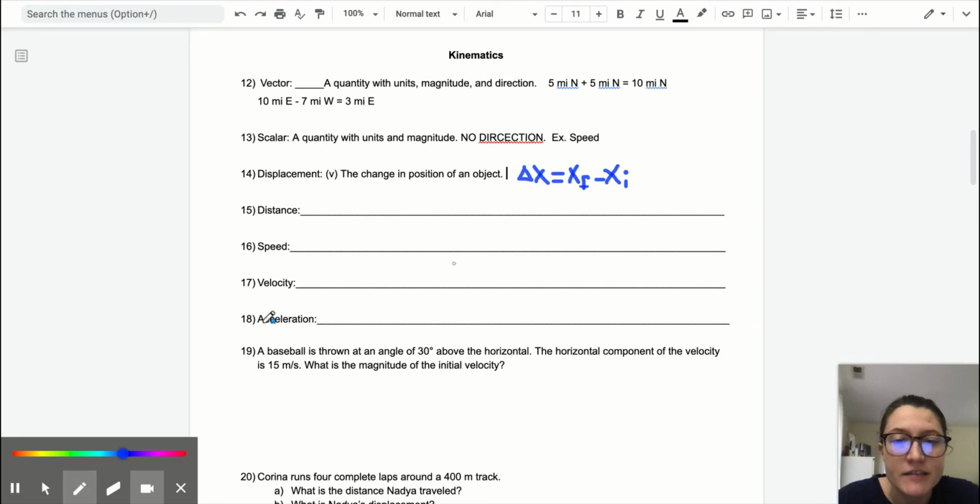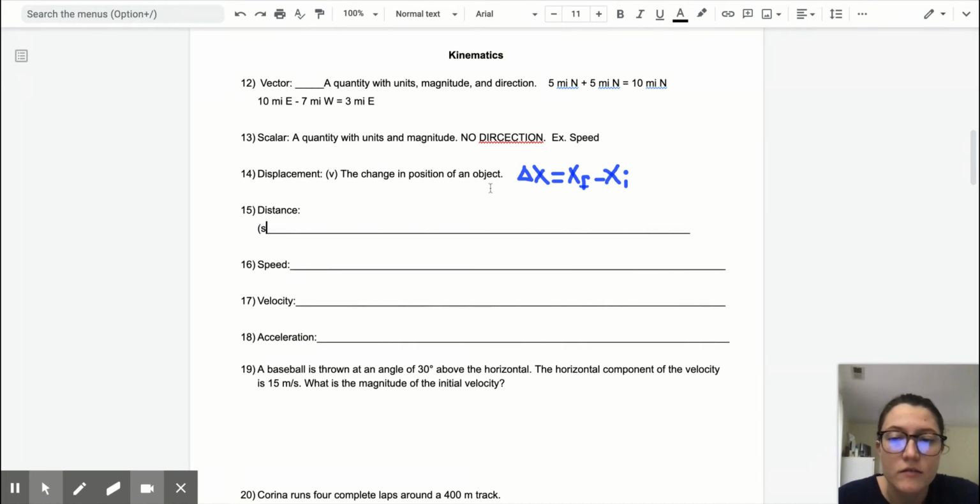The distance is a scalar quantity. Distance is the total ground covered. So every step that you take is accounted for in the distance measurement.